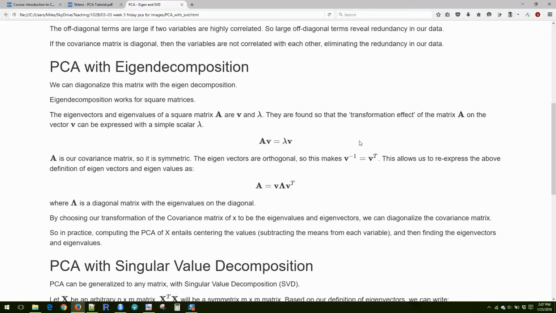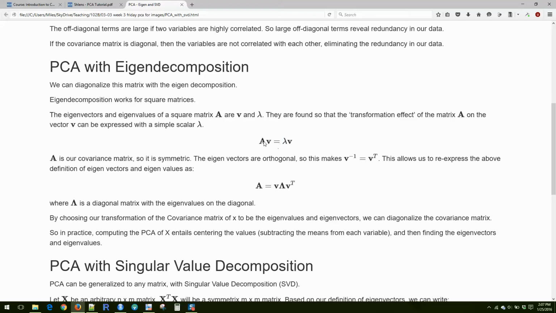Okay, which is a nice effect, and so this essentially leads us to the eigen decomposition, which says that any square matrix A can be decomposed into basically three parts, which is V, lambda, V transpose, okay, where lambda are the eigenvalues but turned into a square diagonal matrix.